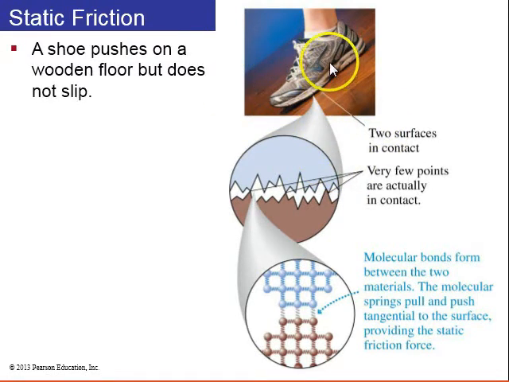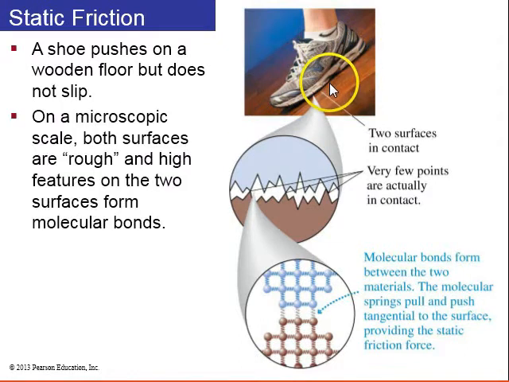So here we have a shoe, and it's pushing against a sloped wooden floor, but it does not slip. Why not? Because on a microscopic scale, the bottom surface of the shoe and the top surface of the wood are rough. They're not perfectly smooth.